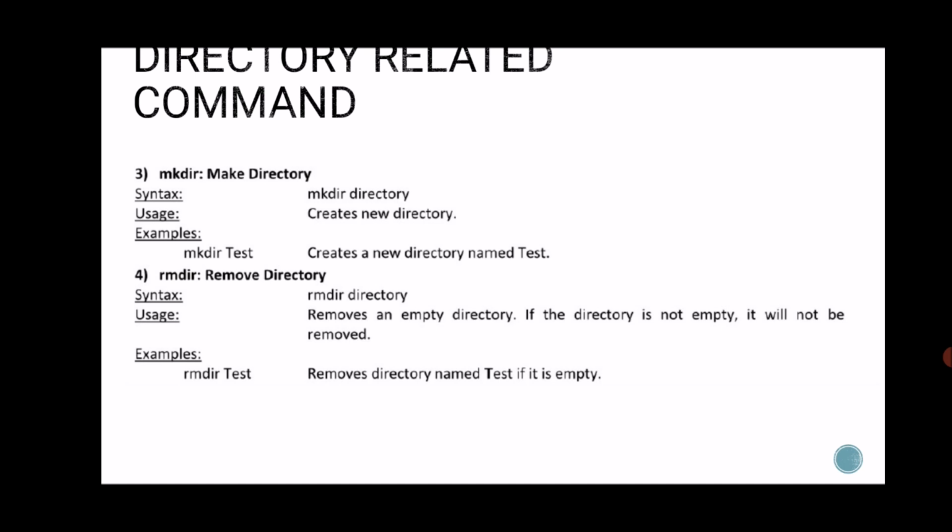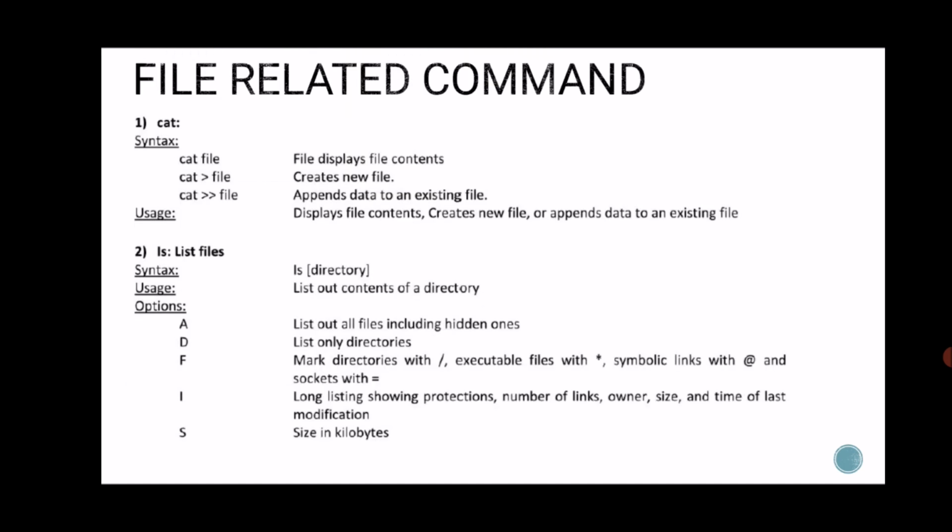If we want to remove an empty directory, it is removed, but if the directory is not empty, it will not be removed. For example, rmdir test removes the directory named test if it is empty, but if the directory is not empty, it will not be removed. So these are all the directory related basic commands.